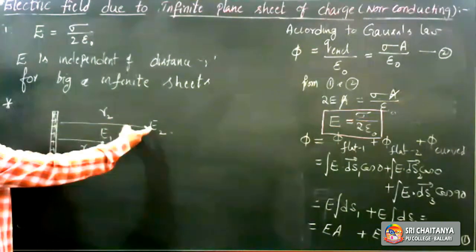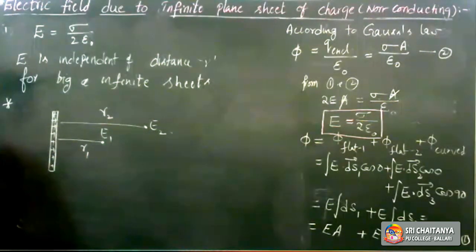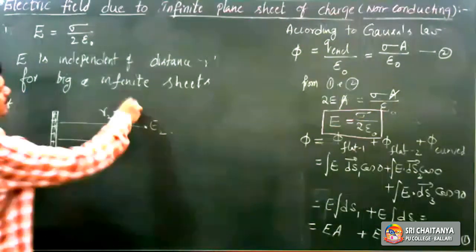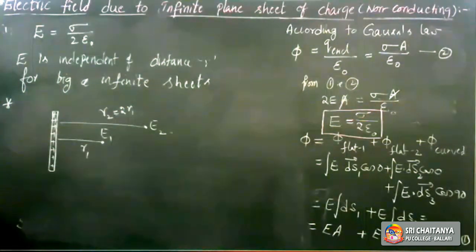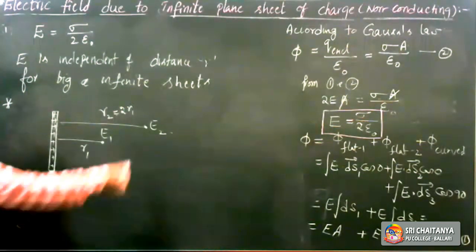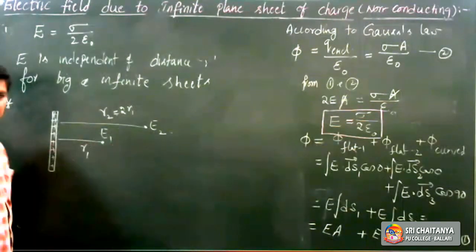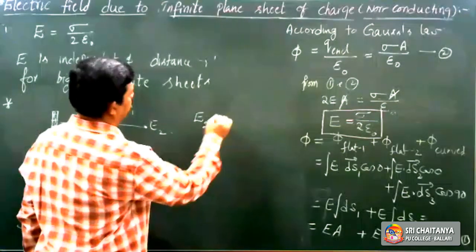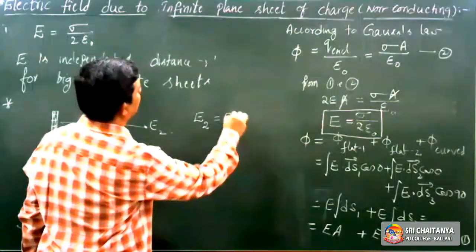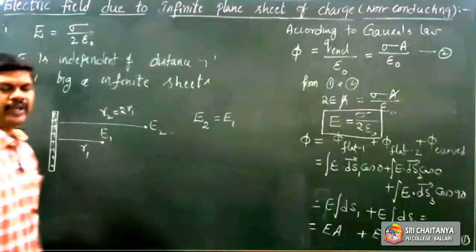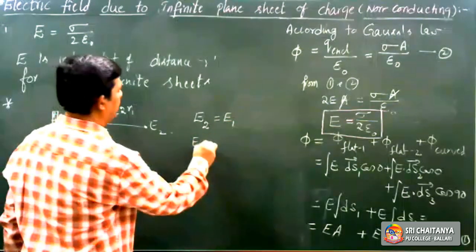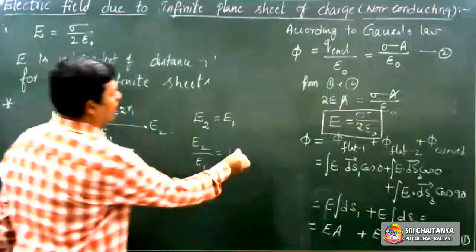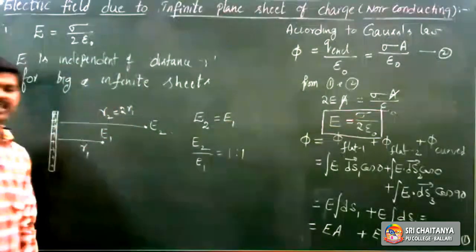Another point at a perpendicular distance R2, field is E2. See, R2 is 2R1. Distance is doubled. Then what happened to the intensity of electric field at this point? So E2 is equal to E1. No change of intensity. E2 by E1 is equal to 1 only. This was asked in the previous entrance.